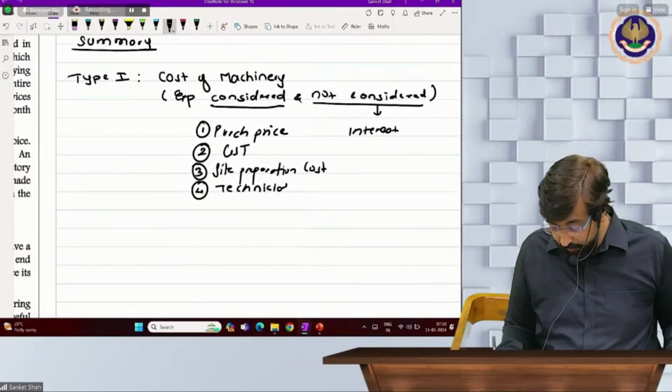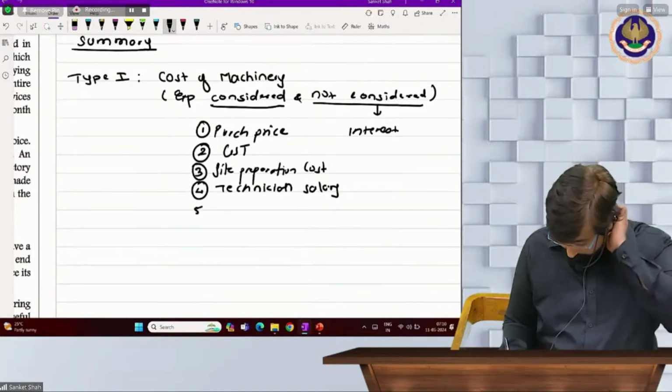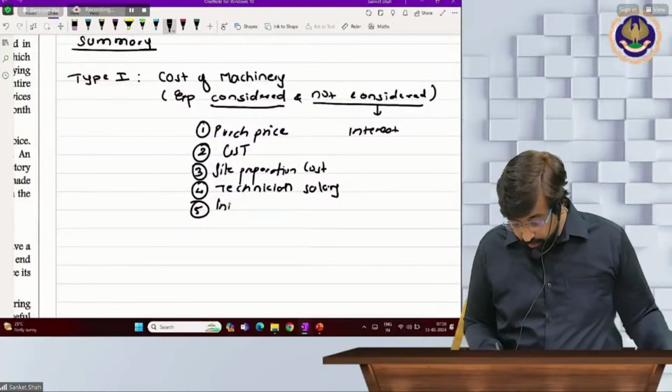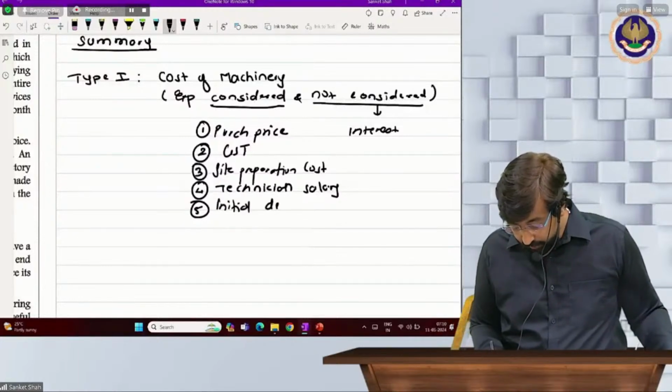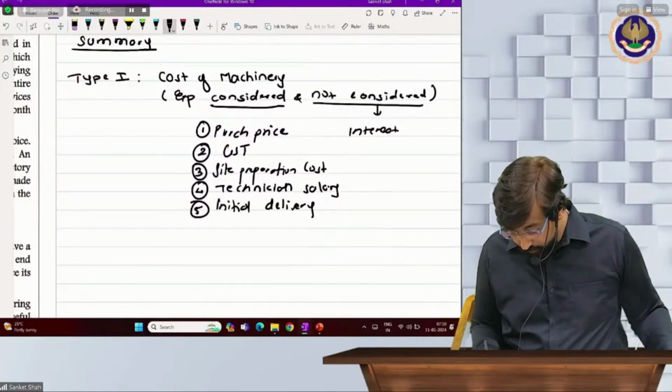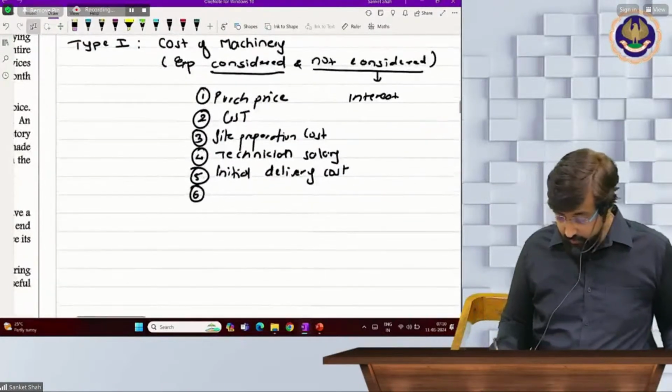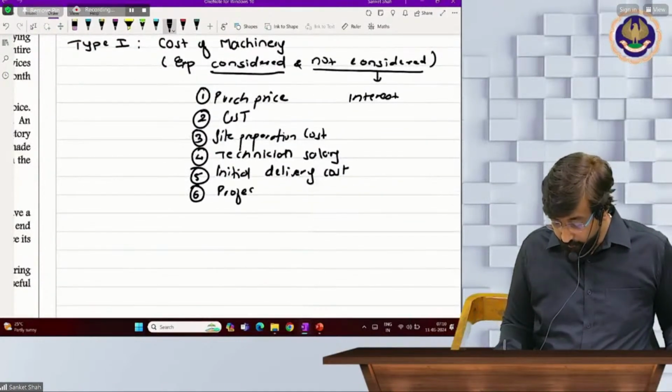Technician salary. You have next, what was it? Initial delivery cost, that is a transportation cost. And write down number 6, professional fees.